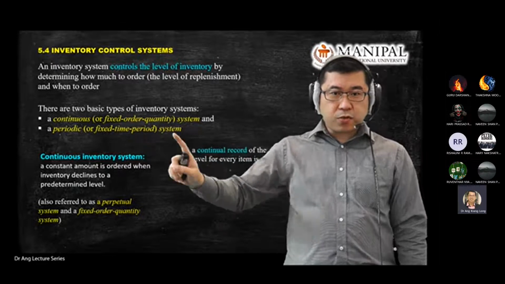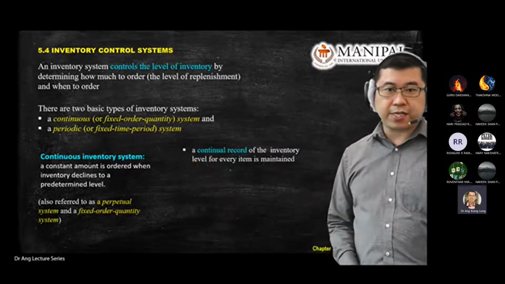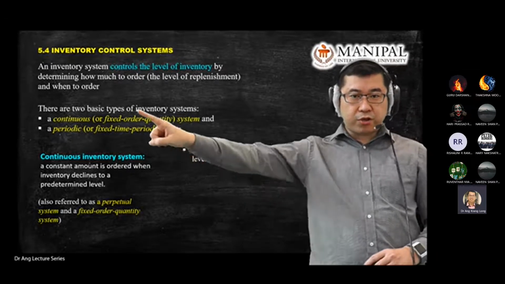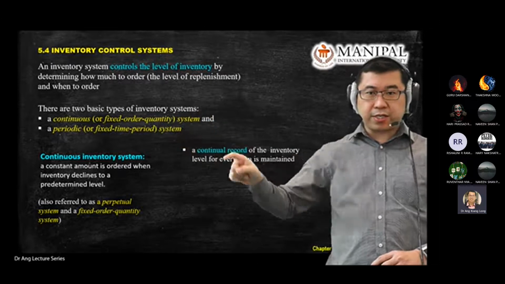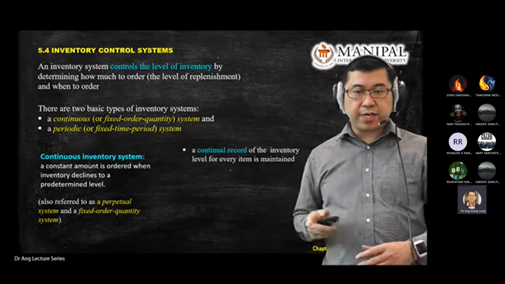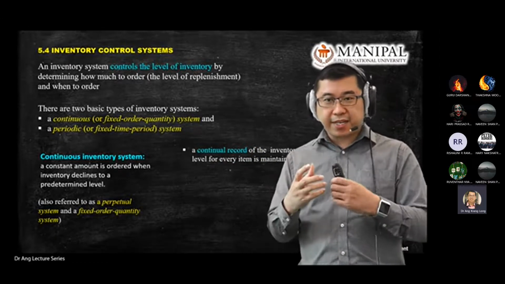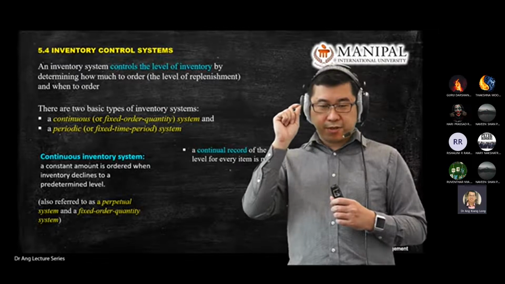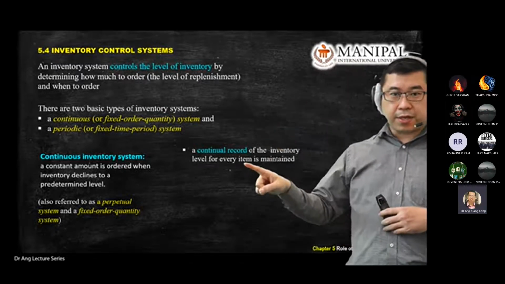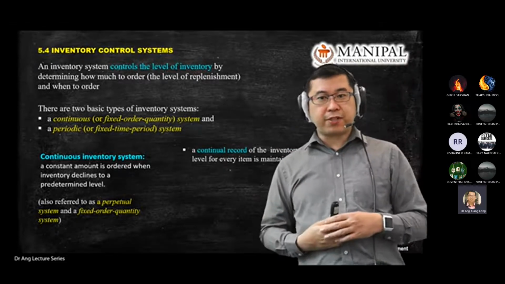For the fixed order quantity, there are some characteristics for this kind of system. If you have a continuous system or fixed order quantity system, you need a recording system or continual record. You need to always detect the quantity of items in your inventory. Most of the time, it depends on the operation in your factory.